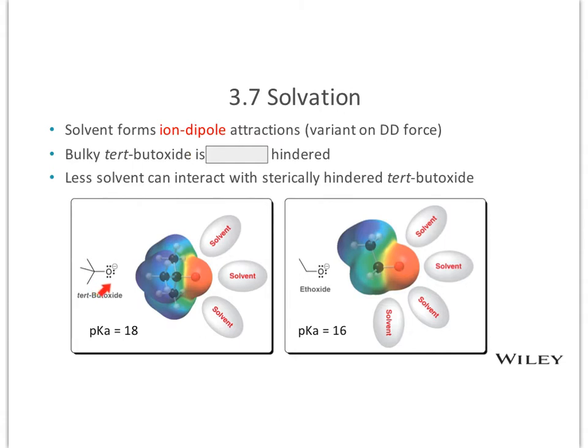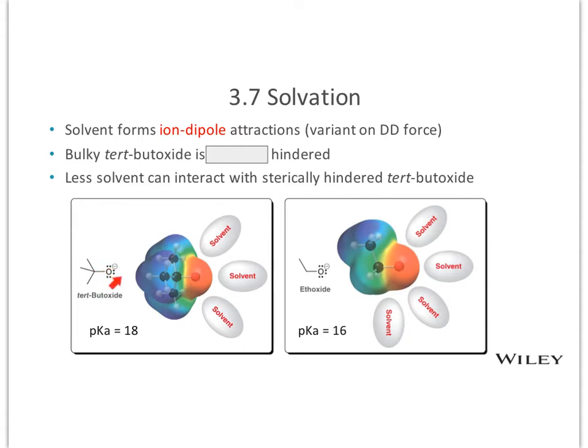All right, so we have a difference here. If you look at these cartoons, buried inside of this pretty colorful picture, this is a ball and stick model of tertiary butoxide, and over here I have a ball and stick model of ethoxide. As you can tell, I have different numbers of solvent molecules surrounding the anionic portion in both cases.